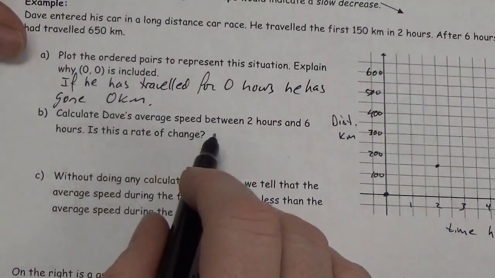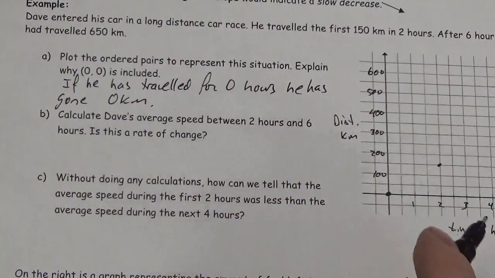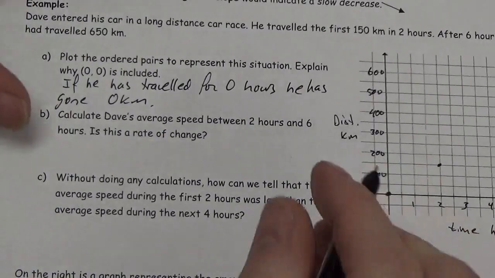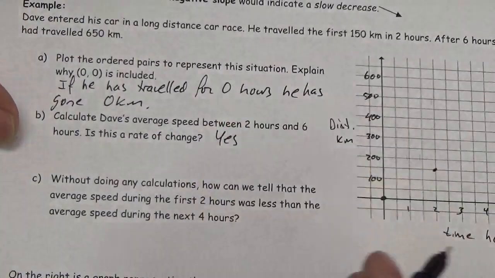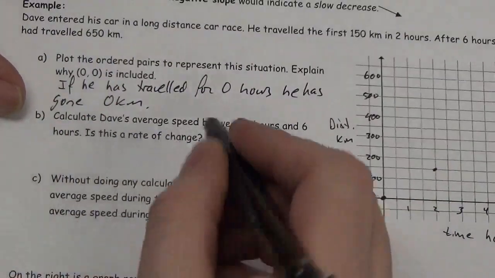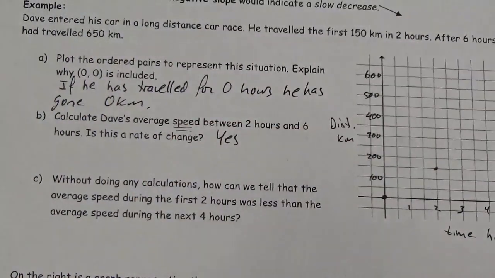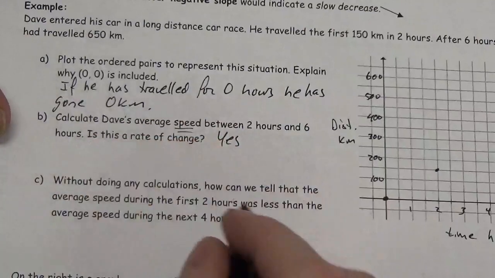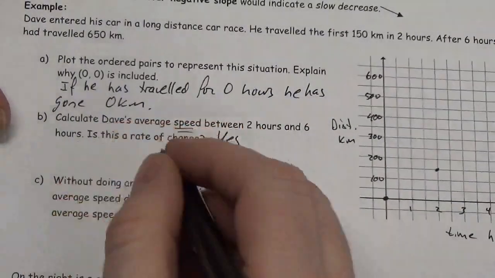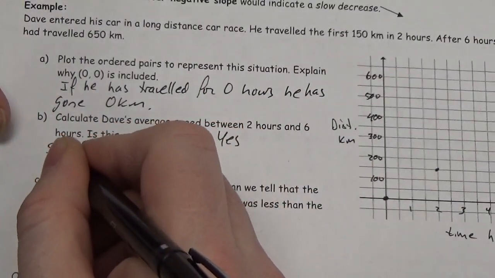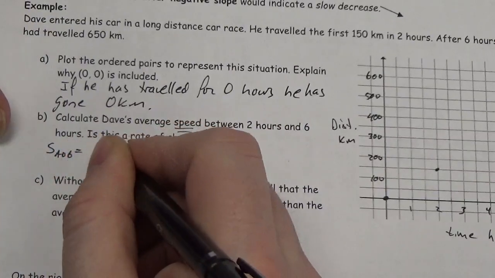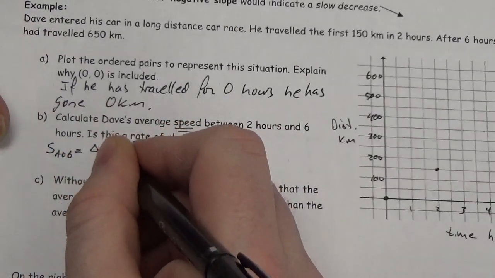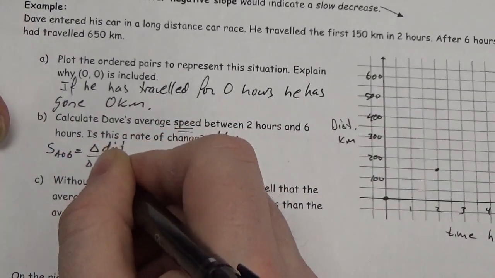It says calculate Dave's average speed between 2 hours and 6 hours. Is this a rate of change? Well, I can say yes it is, because as soon as we say average speed, well, speed is a rate of change, right? The average speed is going to be the change in distance over the change in time.